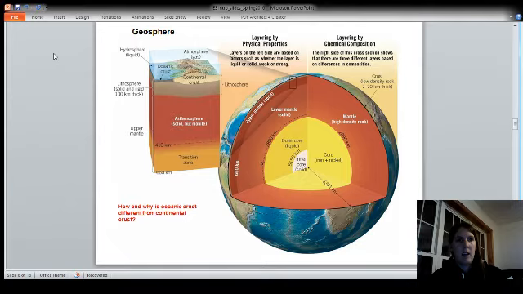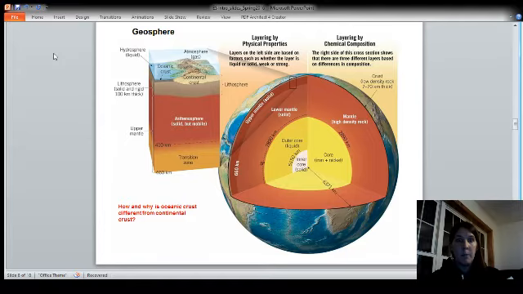And then once we get down from the upper mantle, about 600 kilometers down, we get into the lower mantle, which is solid. So the upper mantle is solid, but it's still a bit plastic and mobile. It can be manipulated a bit. However, the lower mantle, from our understanding, is solid.